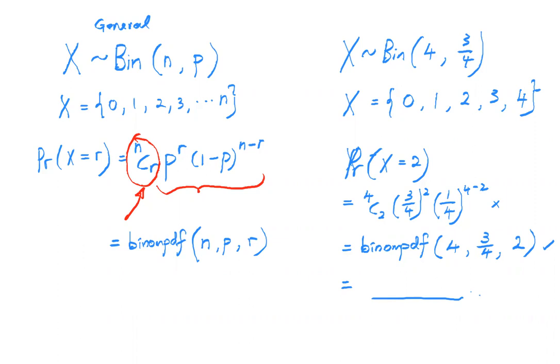So that is what you mean by binomial distribution. First of all, you have to decide whether it is a binomial distribution or not. All the criteria: fixed number of trials. Each trial must be independent with only 2 possible outcomes.